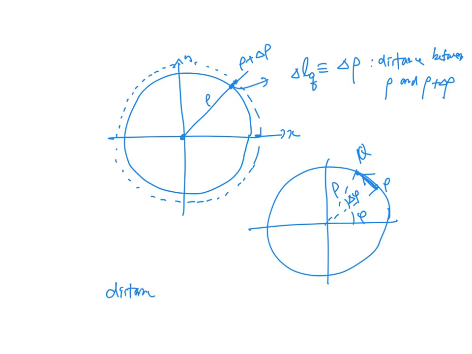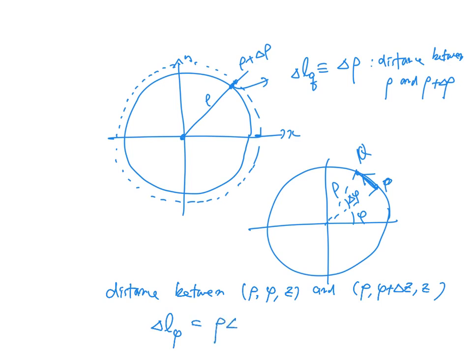The distance between rho, phi, z and rho, phi plus delta phi, z. Let's say delta L phi will be rho delta phi, right? And the distance between z and z plus delta z will be just delta z.